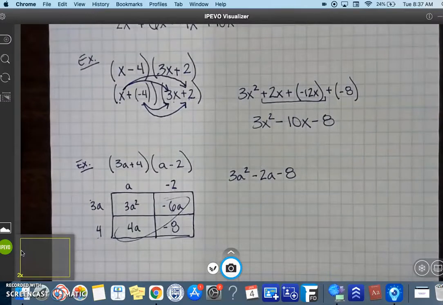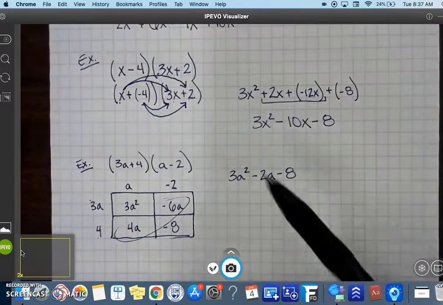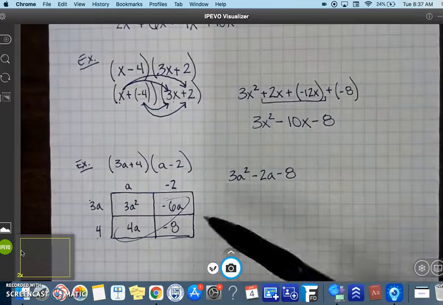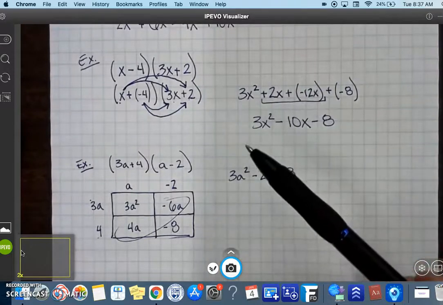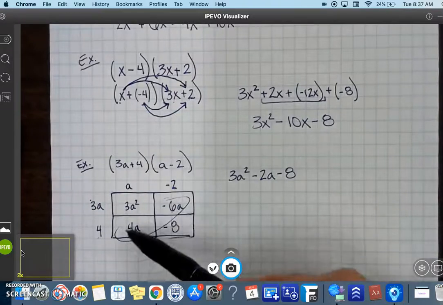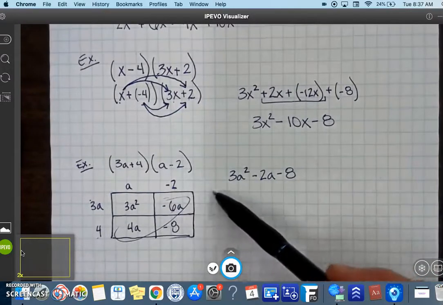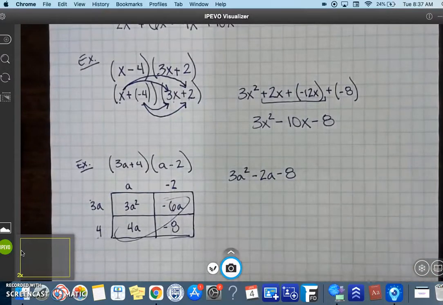Okay. And you can see I've kind of done these slightly different ways. We can use this for binomials, trinomials, either method, right? I could add on a box if it was a trinomial if I needed to.